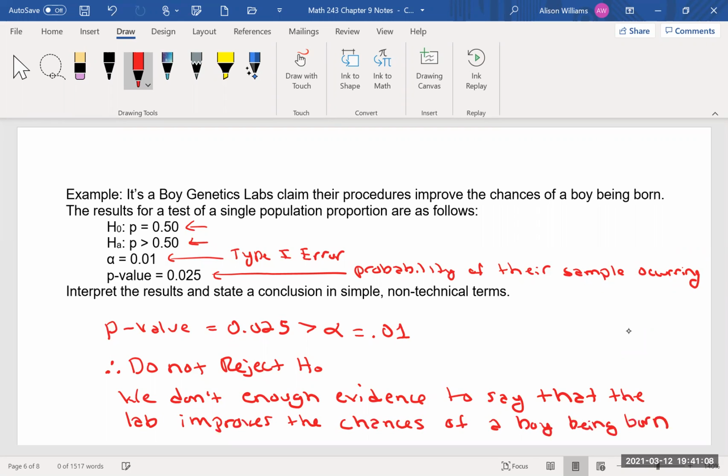Now, that doesn't mean they can't collect more evidence, and maybe they would be able to say that they do have enough evidence that there is a greater than 50% chance of a boy being born.